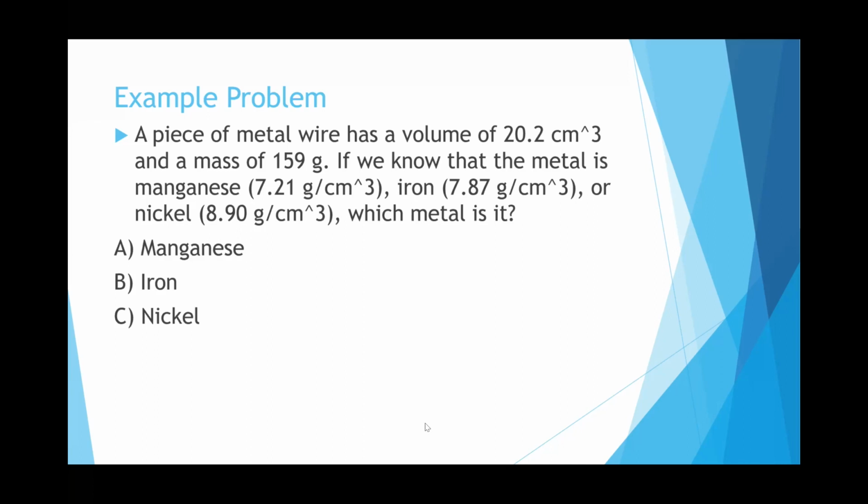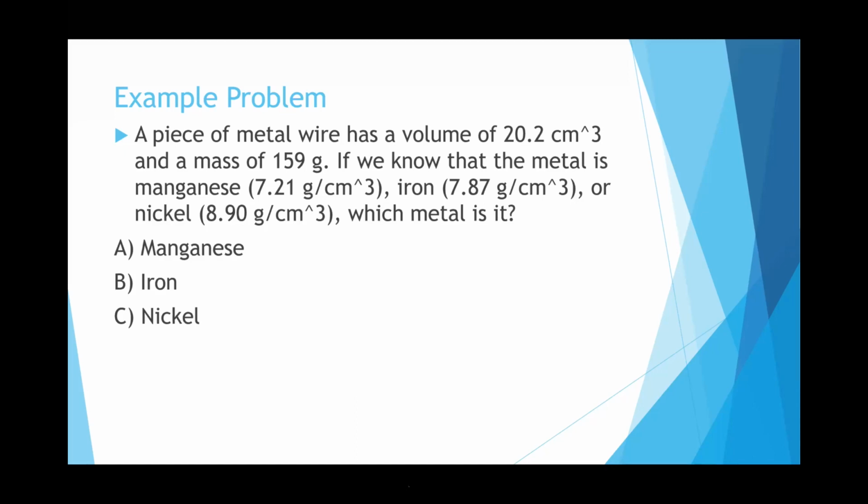I'm going to launch the poll. If you think it's A, manganese, click A. If you think it's B, iron, click B in this poll. If you think it's C, nickel, click C. You don't have to be right, but this is a way for me to know if you understand the material.